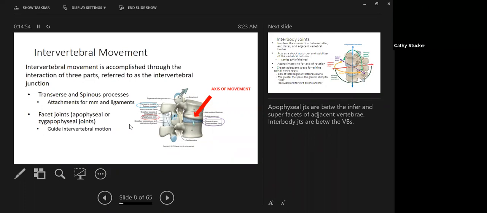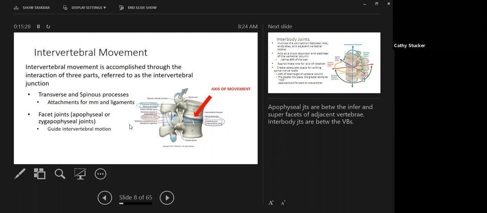Those muscles live in that groove between the transverse processes and the spinous processes. They're very short, they're very small. We're going to talk about their importance here soon, but they pull and tug on those transverse and spinous processes. And then the facet joints obviously are very important for guiding and directing movement. They don't have a whole lot of range available because of the capsule.